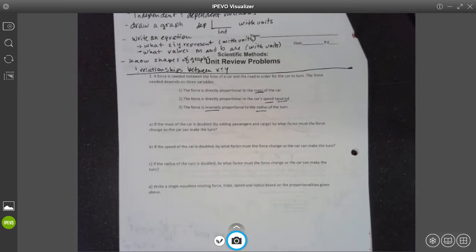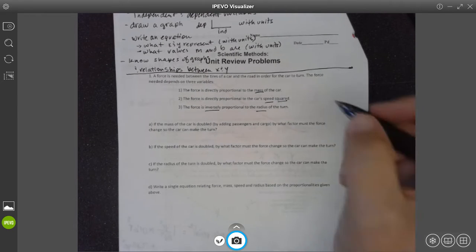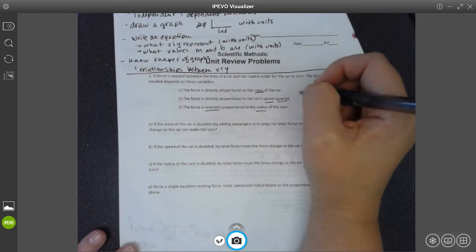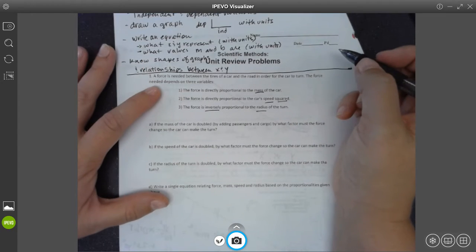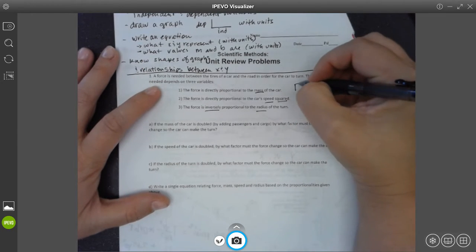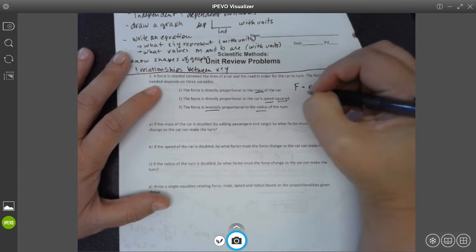Refocus that. So these questions aren't about actually doing anything with forces and radius and velocity. This is about, can we look at these things and figure out what the equations and relationships ought to be? And so I like to rewrite these as something that looks more like an equation. So up here, my force is going to be proportional to the mass.